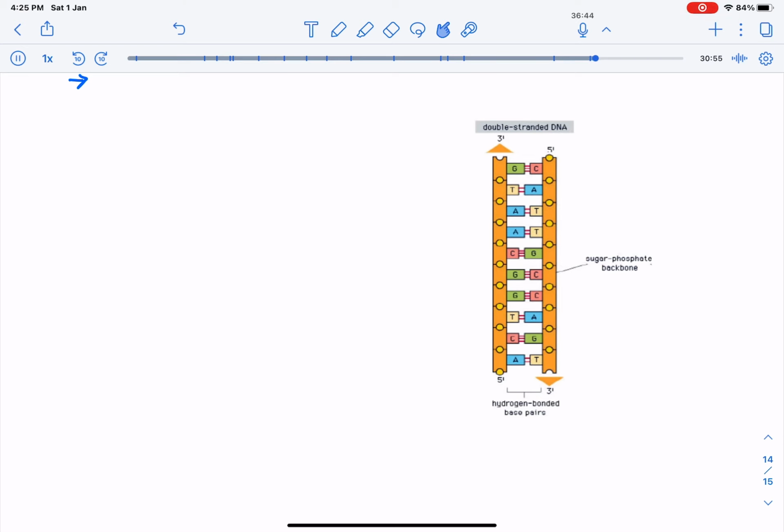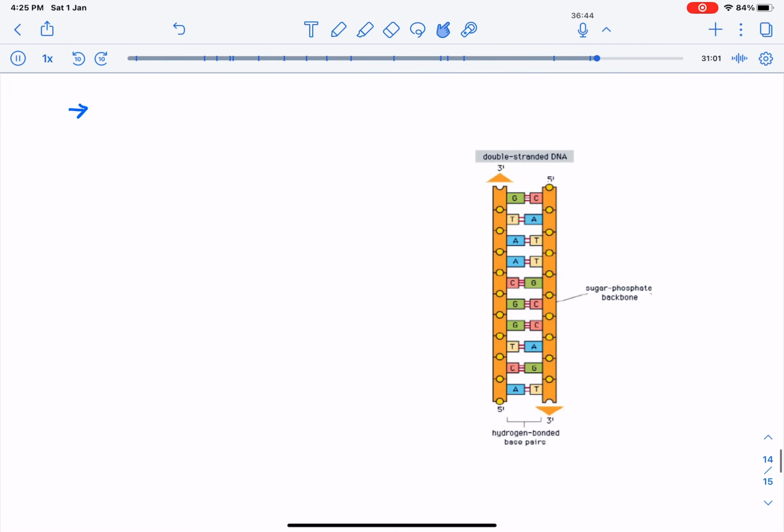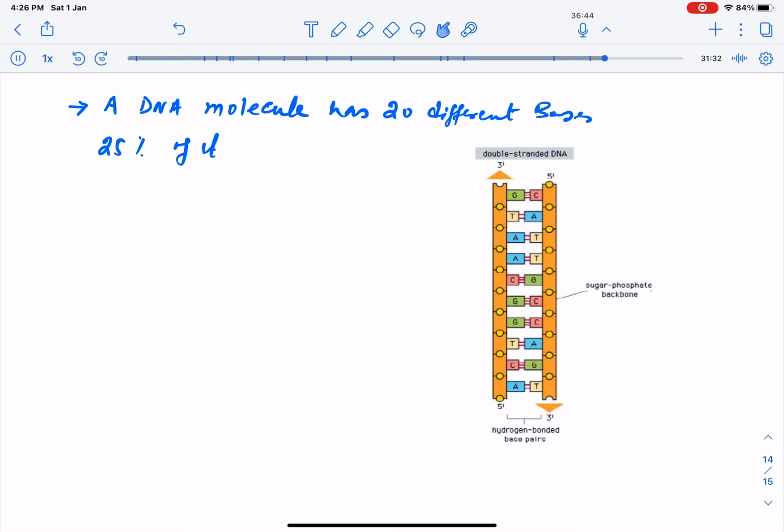For instance, you have a DNA molecule shown here in this diagram, which has 20 bases or 20 nucleotides. 25% of it is adenine.